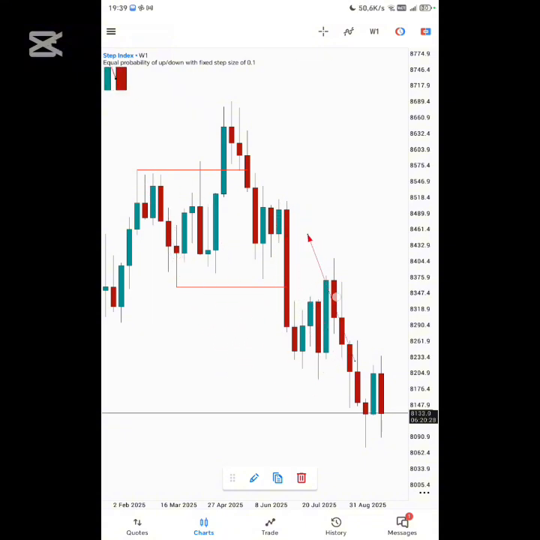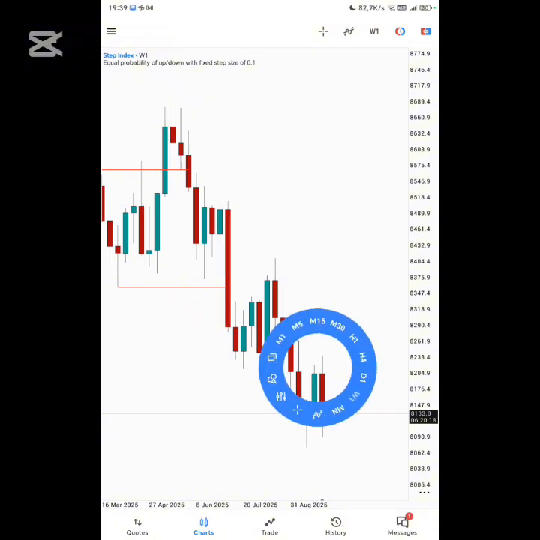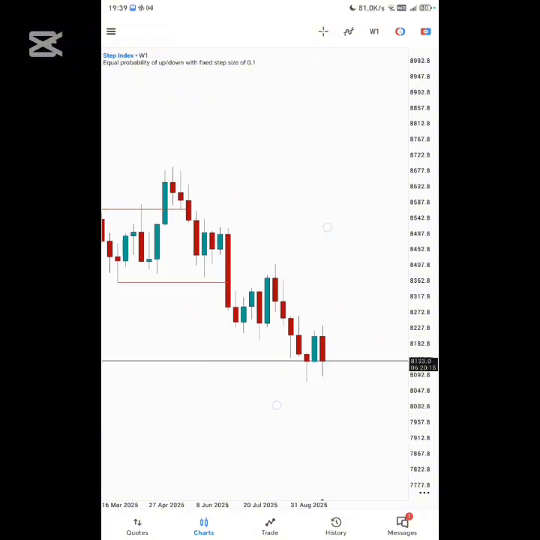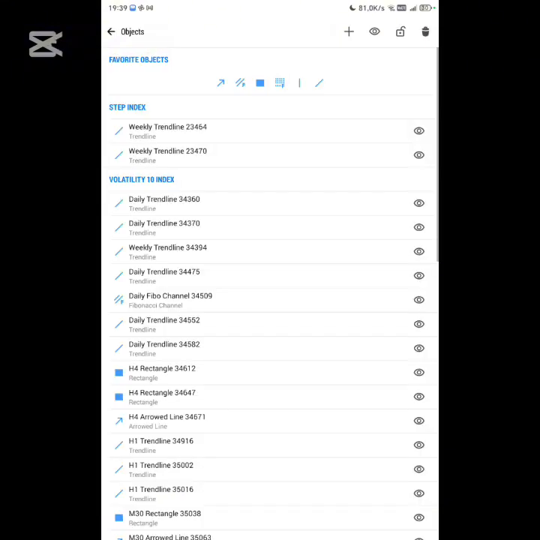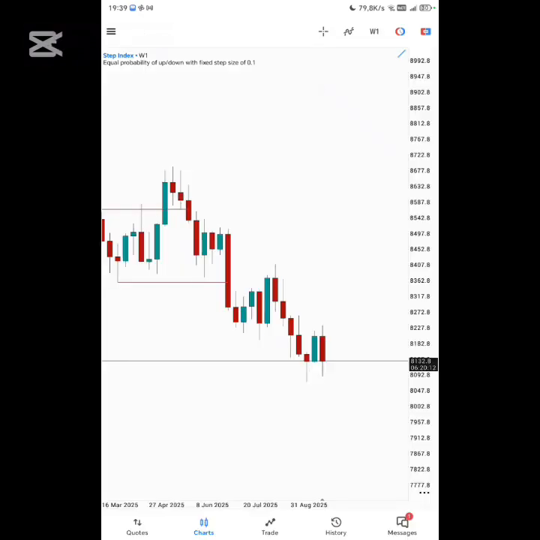Made a flip zone, close to respecting it, but we didn't. Then we went down. Yeah, that's all. The weekly time frame, and as you can see, we are on a downtrend. This is the Step Index downtrend.